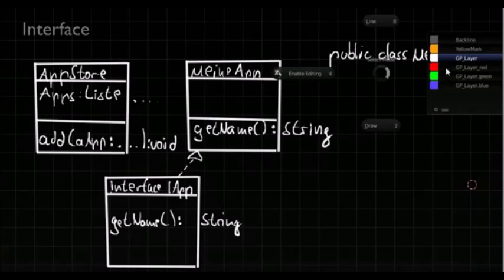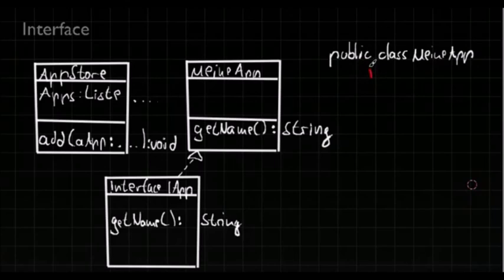And then I would write implements iApp. And by saying implements IApp, I am basically saying, okay, if you are programming a new app, then you have to use this interface for it. And this interface enforces the implementation of the method getName.